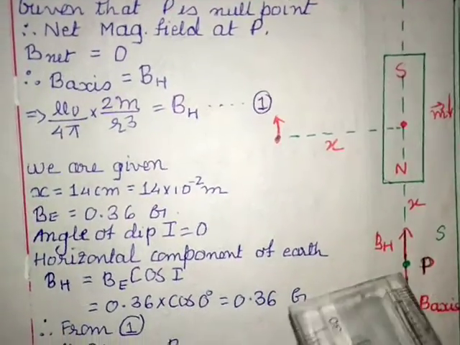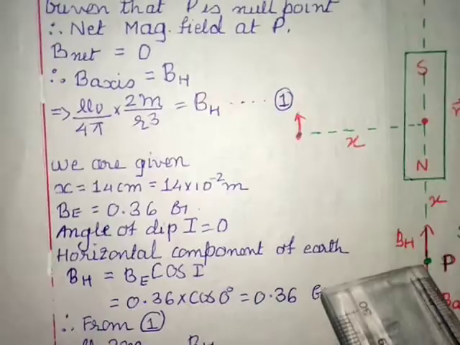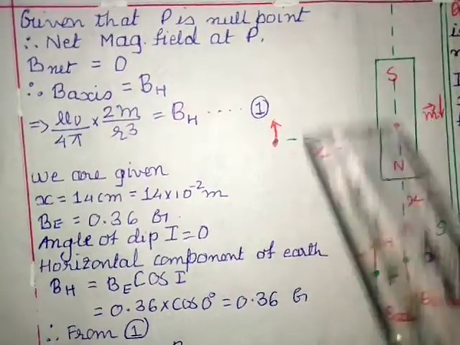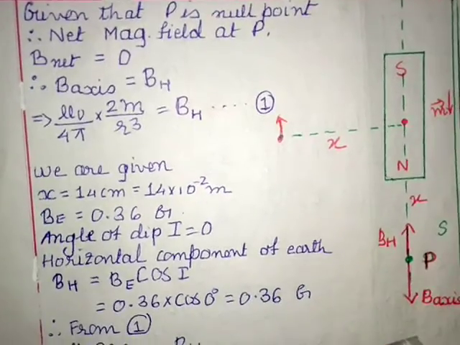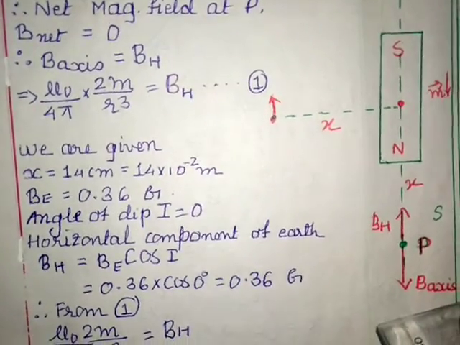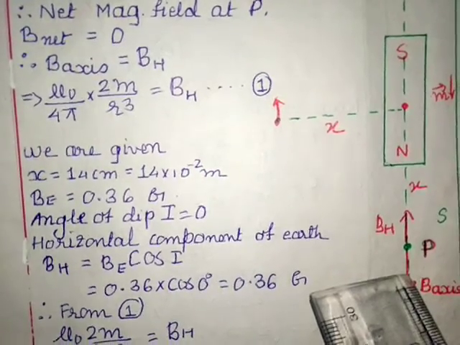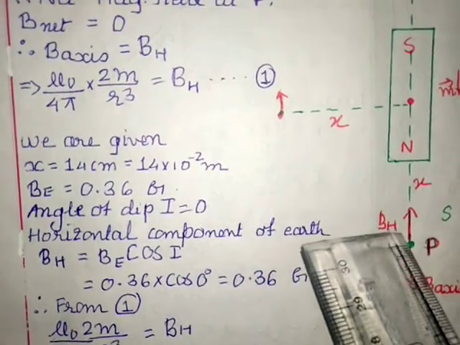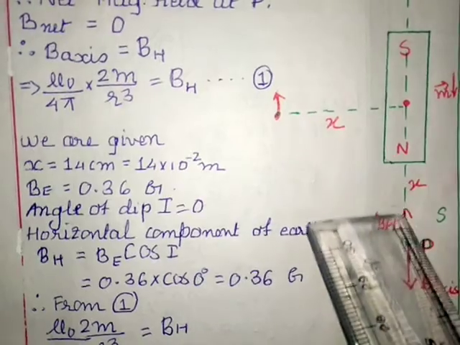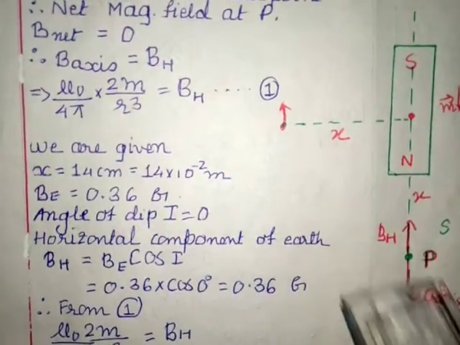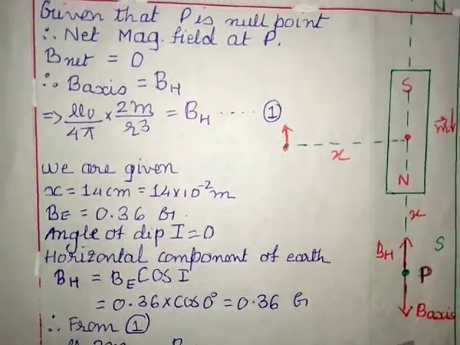See, the north pole is here, so the magnetic field on this axis because of this magnet will be towards this side. So the B axis I have written here, and since it is aligned to the north-south pole, the Earth's horizontal component is towards this side. This is a null point, therefore at this point these two will be equal and opposite. Okay, so we start with that.